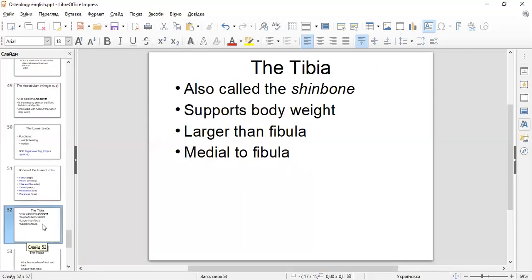The tibia, also called the shin bone, supports body weight, larger than the fibula, medial to the fibula.